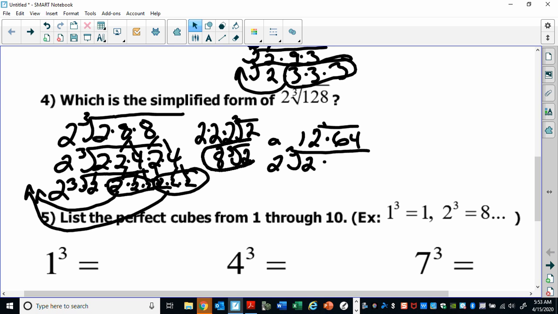But let's say you didn't remember that 8 times 8 is 64. And we're just going to go through it as breaking down by 2. So now you're going to get here to 2 times 32. Then you're going to get 2 times 2 times 2 times 16. Right? Then we're going to do one more down here.